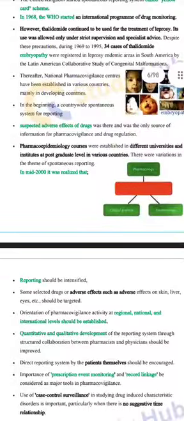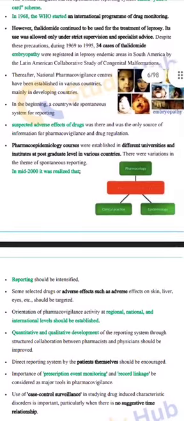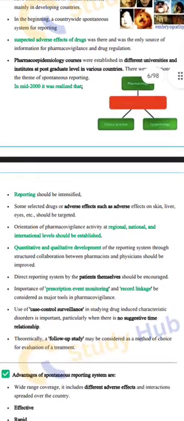There were variations in the scheme of spontaneous reporting. In mid-2000, it was realized that reporting should be intensified. Pharmacoepidemiology has two types, clinical practice and epidemiology. So some selected drugs or adverse effects, such as adverse effects on skin, liver, eyes, etc.